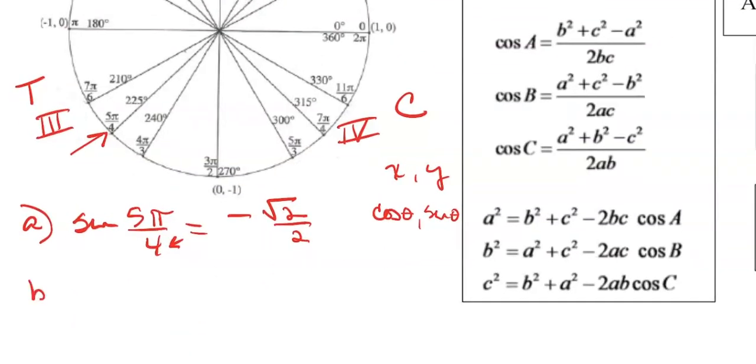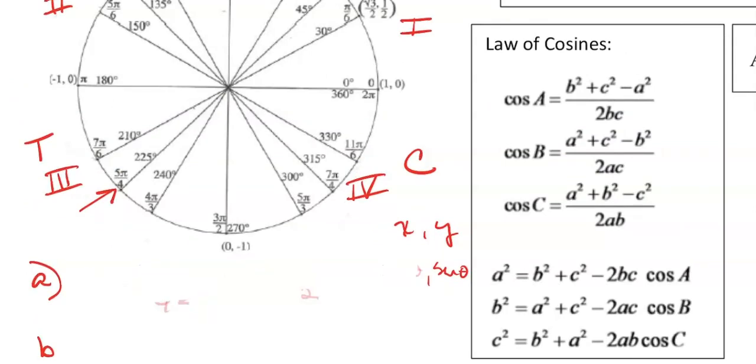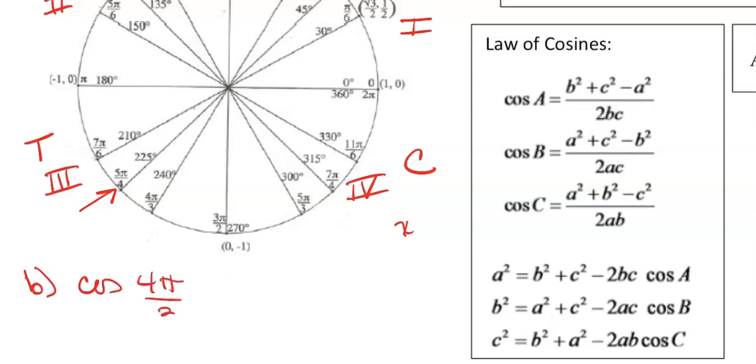So I'm going to write B over here so I can still, actually what I'm going to do is I'm going to erase this really quick, and we'll do B over here so I can still use my unit circle. Okay, so for B, they are looking for the cosine of 4 pi over 3. So again, what I'm going to do is I'm going to figure out where that is on the unit circle, and it is 4 pi over 3 right there.